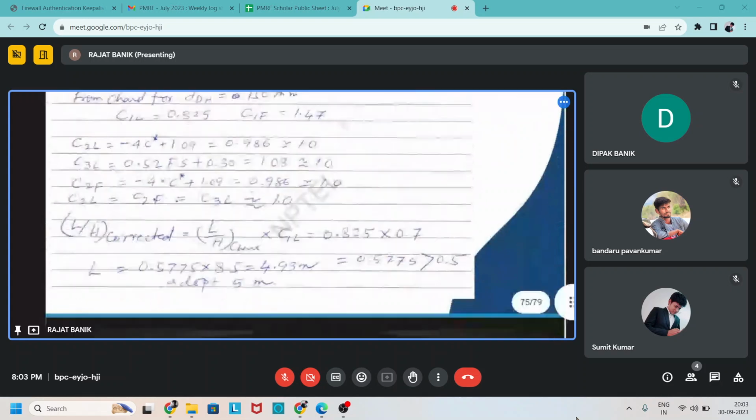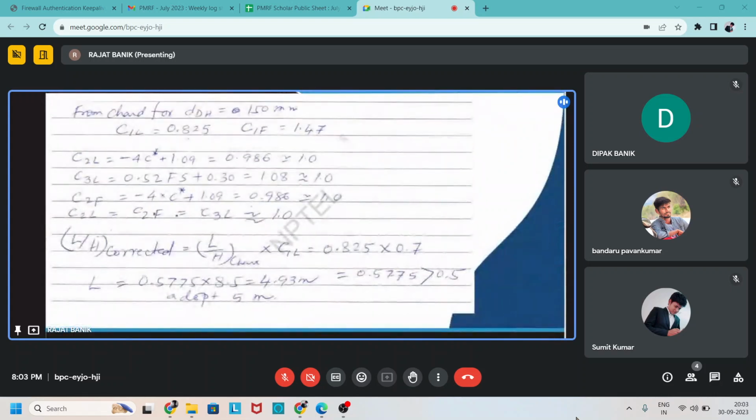We use a borehole diameter of 150 mm, but this chart is given for 100 mm, so we need to correct it. There are different corrections: C1L, C2L, C3L for length correction, and C1F, C2F, C3F for force correction, that is, maximum axial force correction.